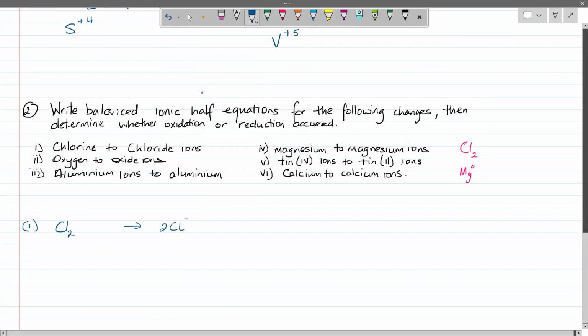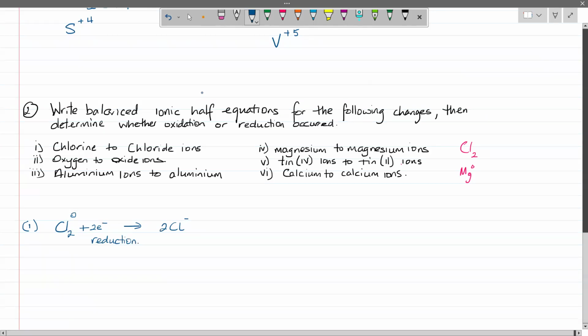So we're going to gain 2 electrons. And this is what's going to cause them to have 1 more electron than proton and result in an overall negative charge. Determine whether oxidation or reduction has occurred. Well, if we are gaining electrons and we see a decrease in oxidation number from 0, it means that it's being reduced.